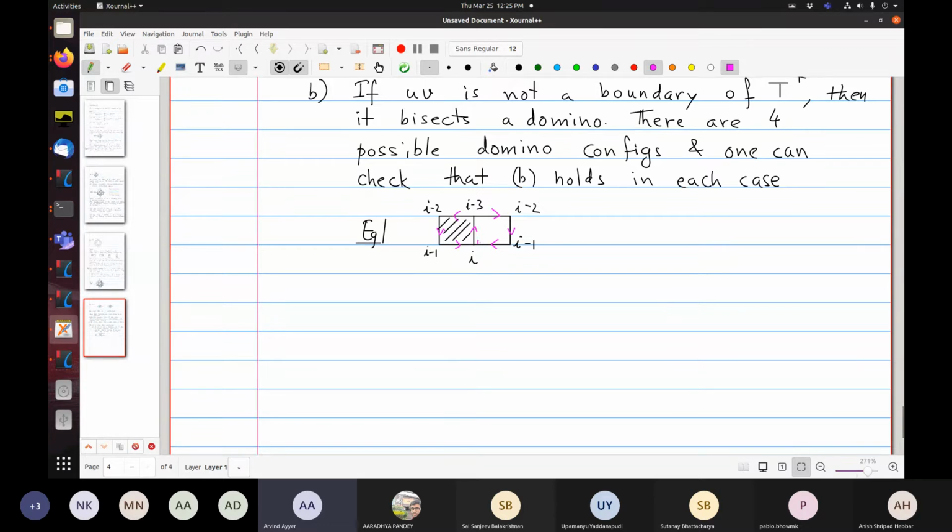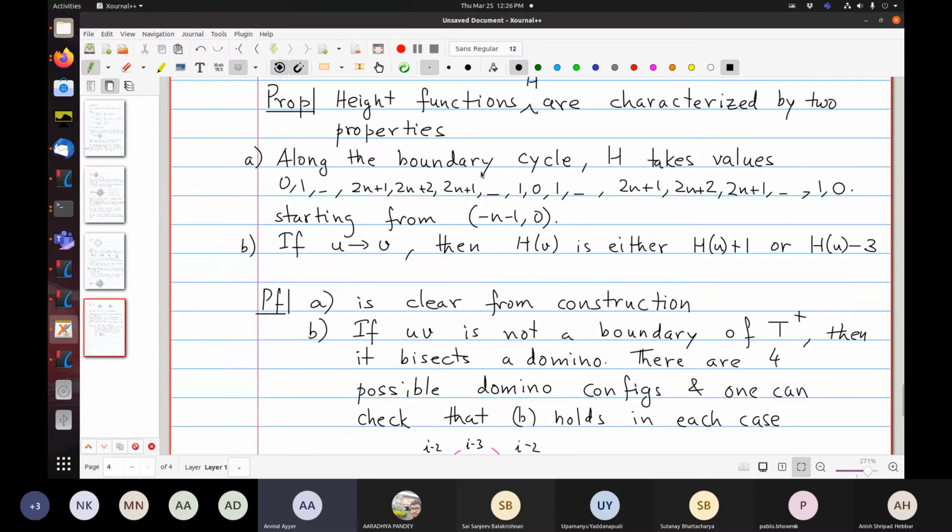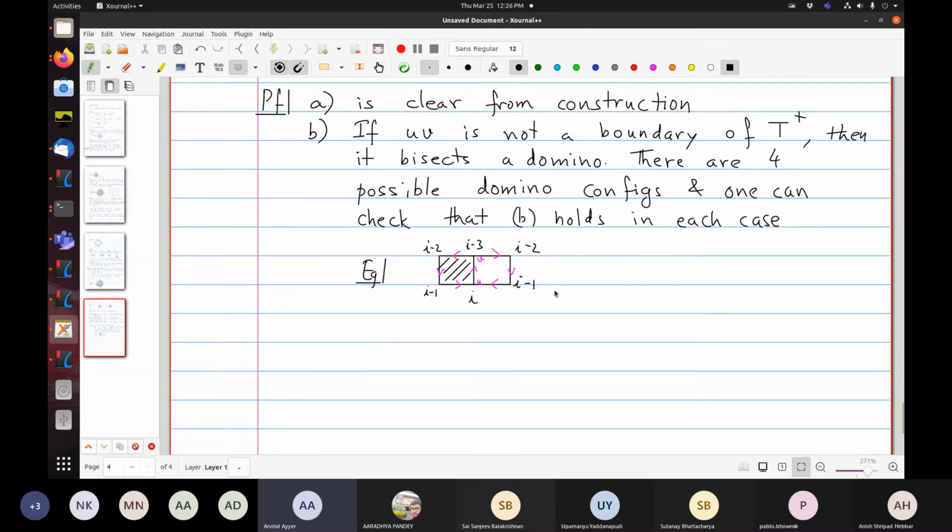So this is u and this is v, and you can see that h of v is h of u minus 3. And similarly, one can do all of this. All right. So that shows that for a tiling you get this property.